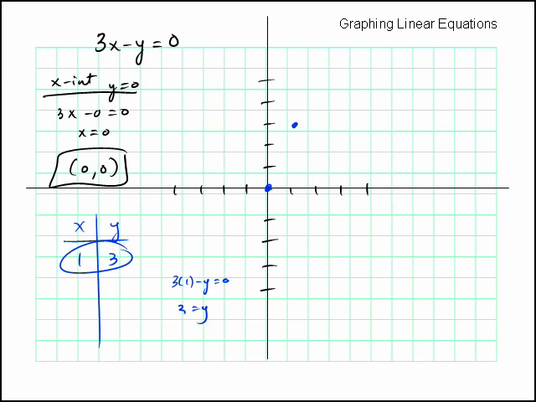And you could plot some other points if you want, but this will be enough. Our line looks like this. It should go through (0, 0) there. Let me fix that. (1, 3), and yeah, a little better. Okay, there's our line.